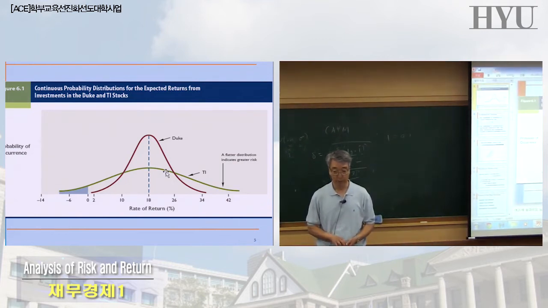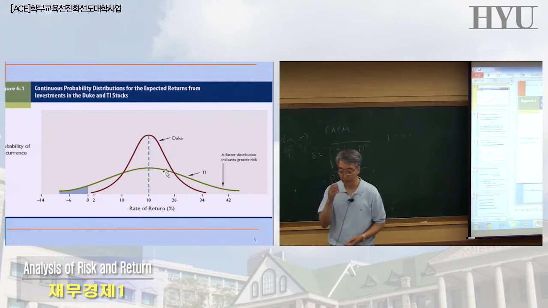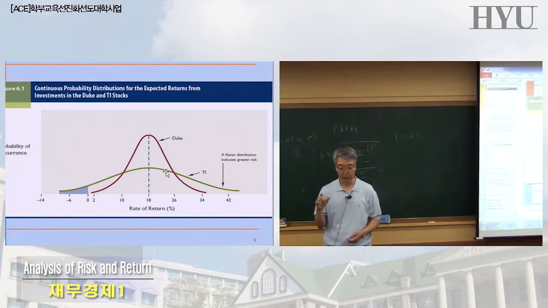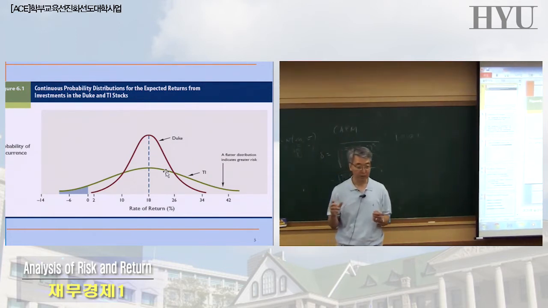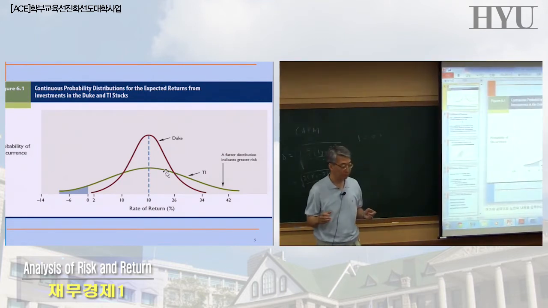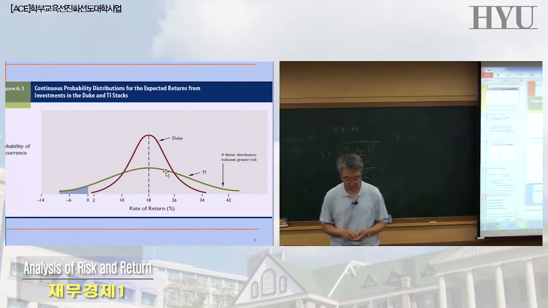Well, in order to qualify as a normal distribution, more conditions have to be satisfied. Within one standard deviation, you have to have 68% of the distribution. Within 2 standard deviations, you see 95%. Within 3 standard deviations, almost 100%, 99.7%. So we are not saying that Duke stock returns and TI stock returns are normally distributed, but we just use this shape of distribution.